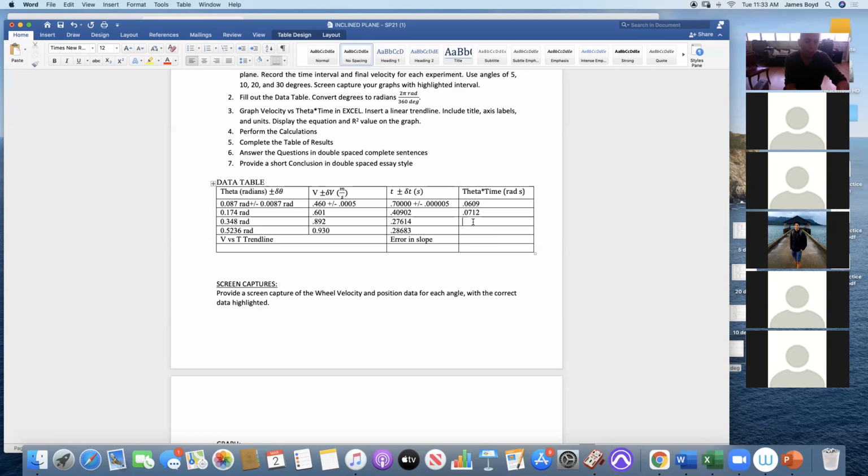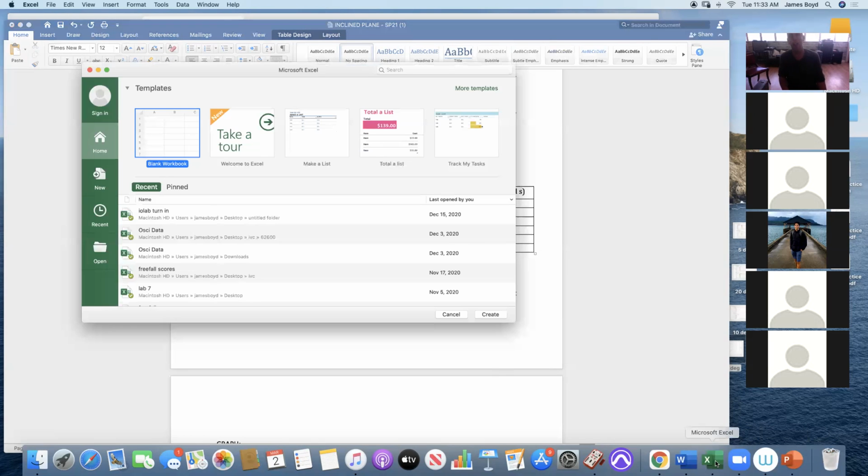Theta 0.348 times time 0.27614, and I get 0.096, and then finally 0.5236 times 0.28683, which is 0.150. All right, now that I have this, you need to do this in Excel.